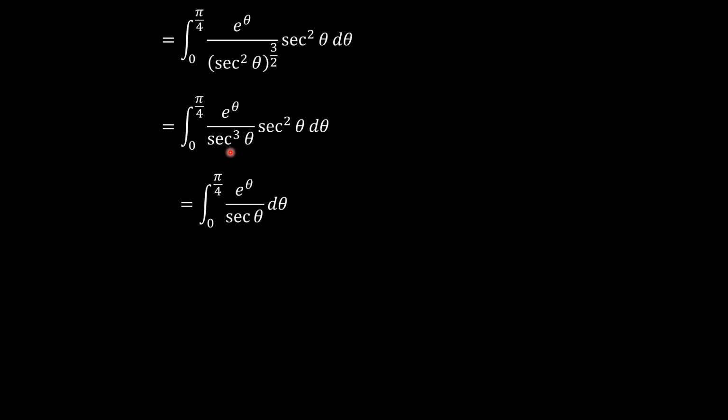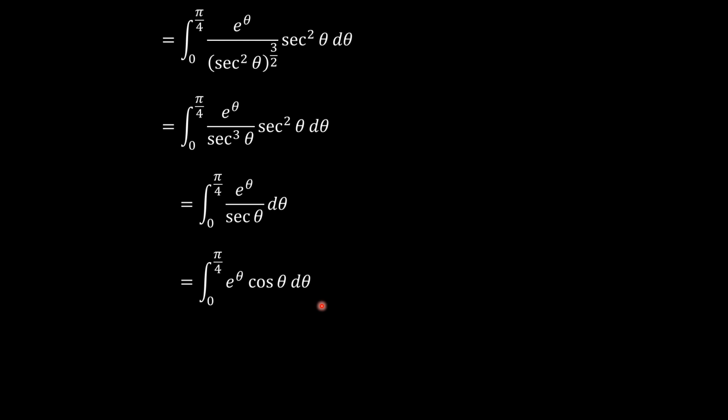Sec theta is the same as 1 over cosine theta, so that means the problem now devolves to e to the power theta times cosine theta. Here the problem has become more tractable. There are two ways you can go about solving this.